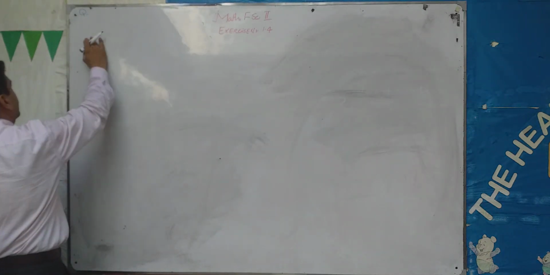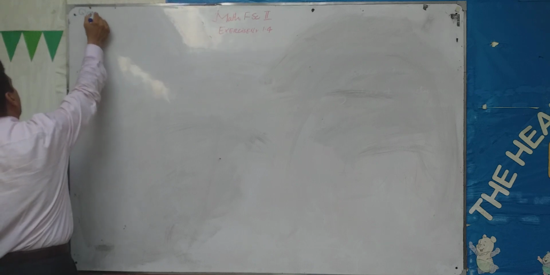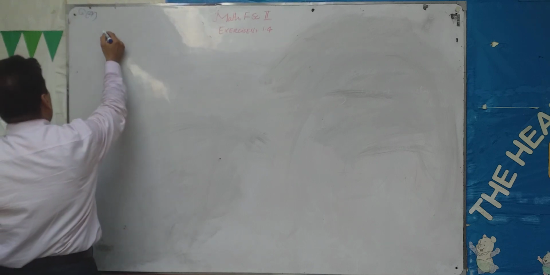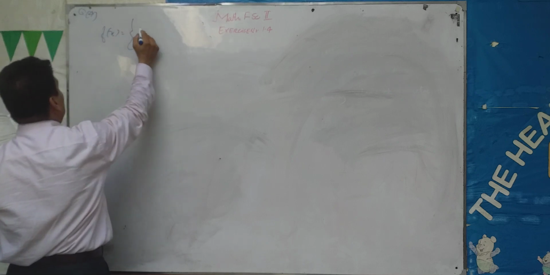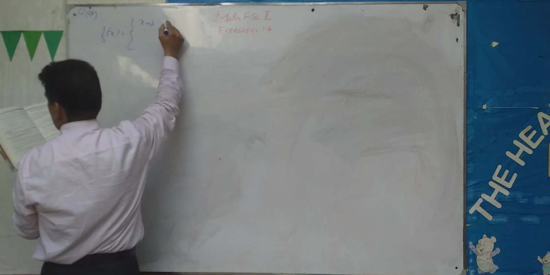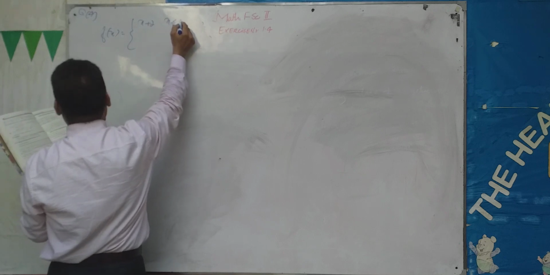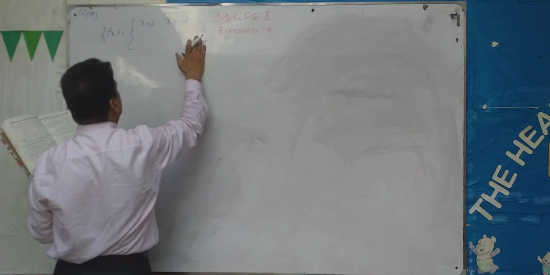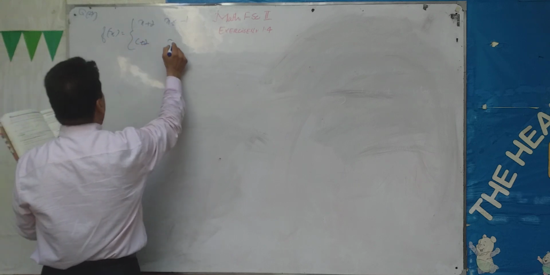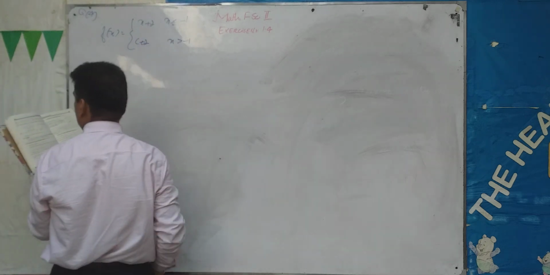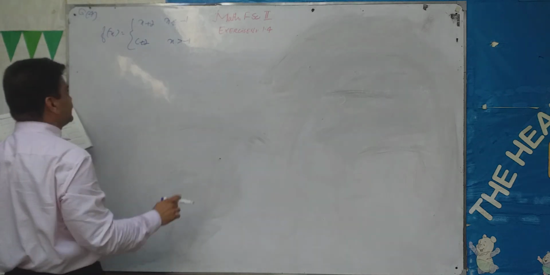The given function is f of x is equal to x plus 2 when x is less than or equal to minus 1, and f of x is equal to c plus 2 when x is greater than minus 1. Find c so that the limit exists.